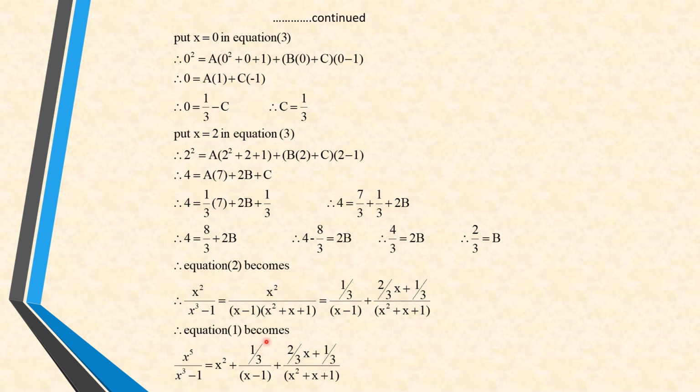Now go back to equation 1, that is the equation obtained after division. We will get x raised to 5 upon x cubed minus 1 equal to x squared, that is the quotient, plus this term x squared upon x cubed minus 1, which is 1 by 3 upon x minus 1 plus (2 by 3 x plus 1 by 3) upon x squared plus x plus 1.